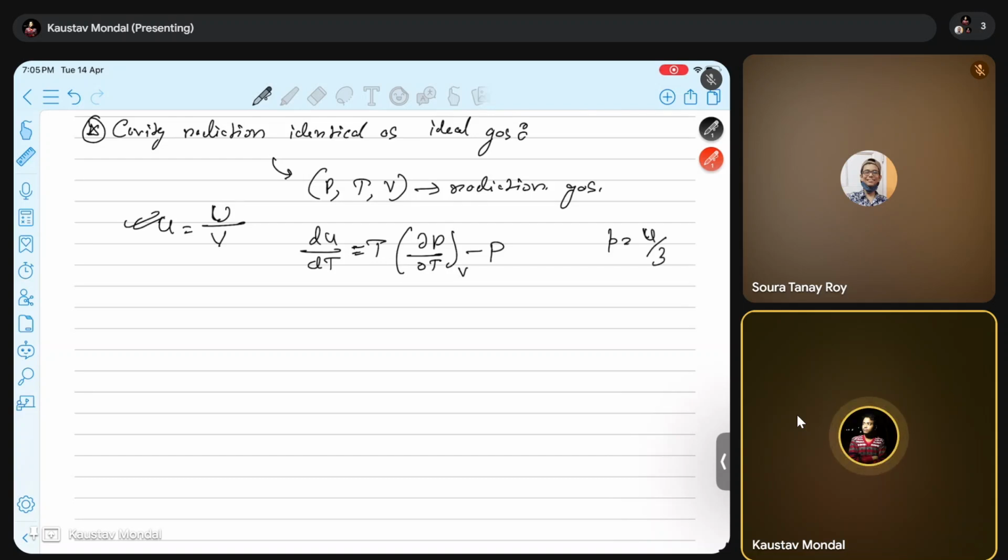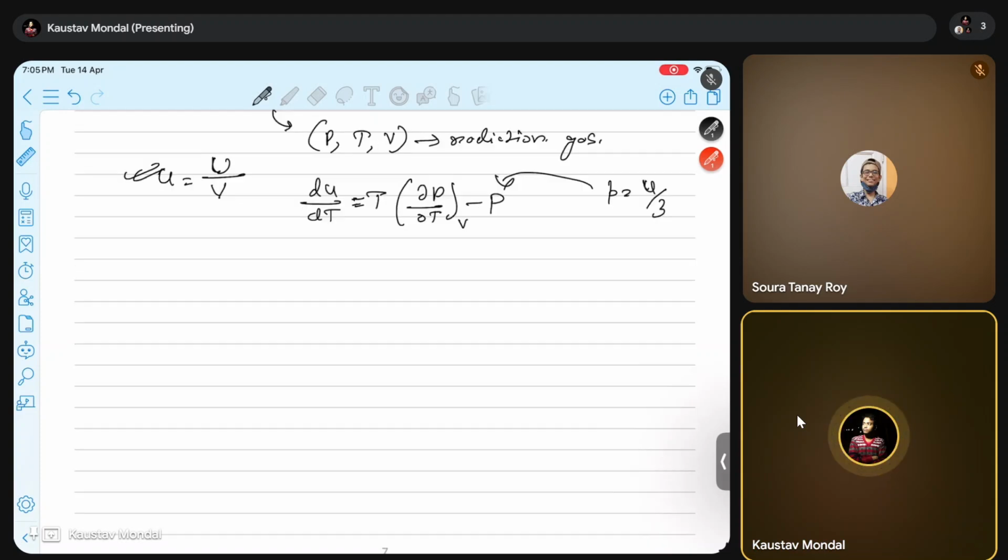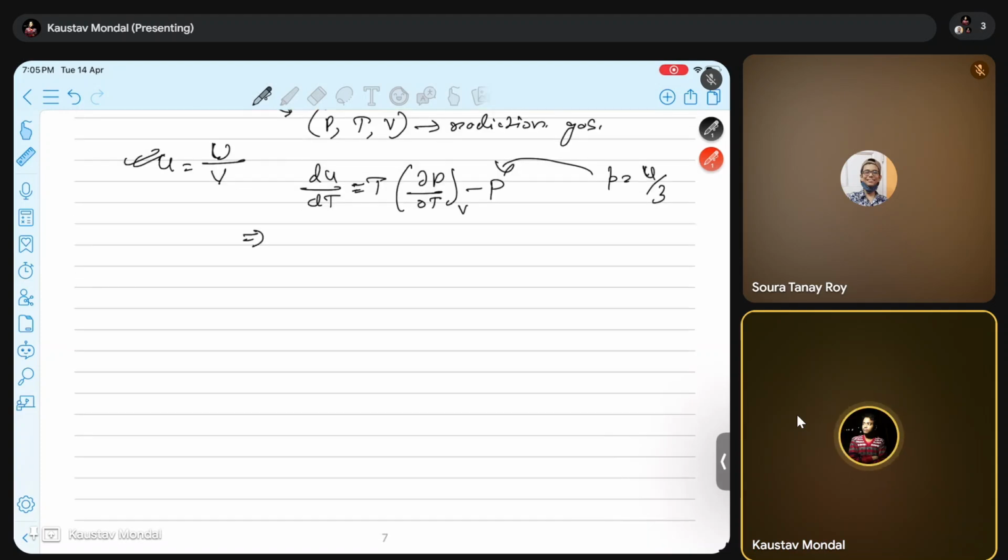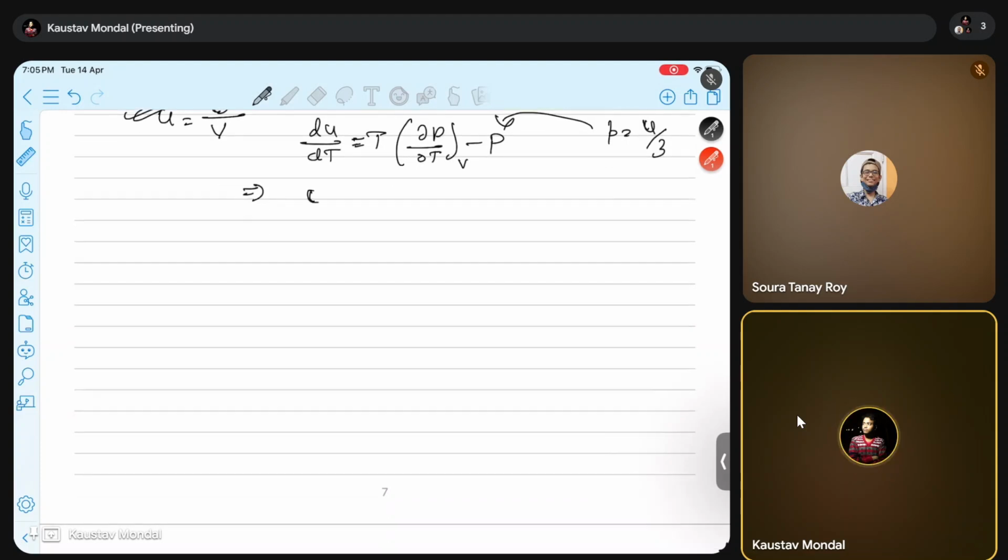If you use this definition, after some integration and algebra, you get that the energy density u is simply proportional to T to the power 4. Taking the proportionality constant as a, u is equal to a into T to the power 4.